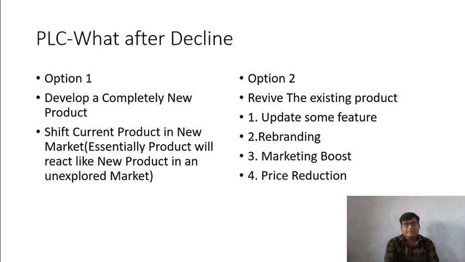For example, there are many FMCG companies, say Balaji sells wafers, and it has changed its packaging 3 or 4 times and simply rebranded its packaging, so that customers are attracted towards the product.